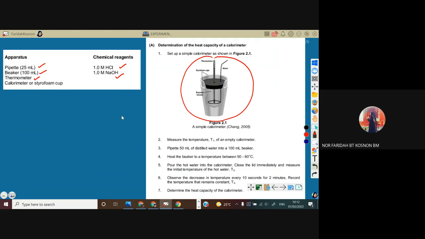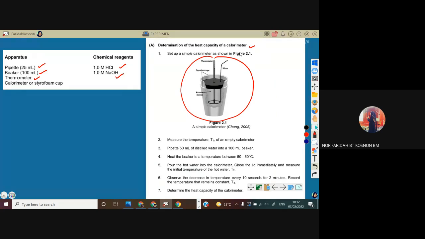Okay, so now, actually in this experiment there are two parts. Okay, part A, we are going to determine the heat capacity of a calorimeter. Okay, bagi pelajar yang dah go through video, dia akan nampak bahawa calorimeter tu rupa dia sama je. Setiap group akan guna calorimeter yang rupanya hampir sama. Memang sama lah.